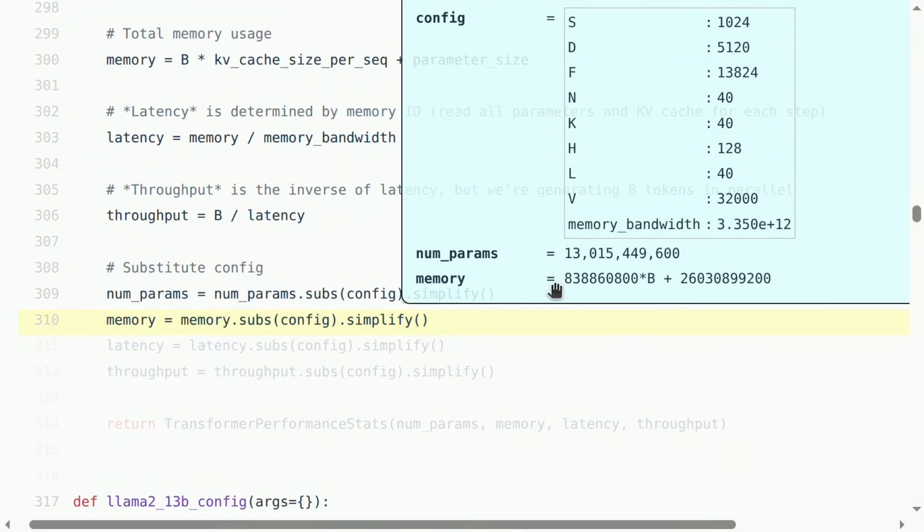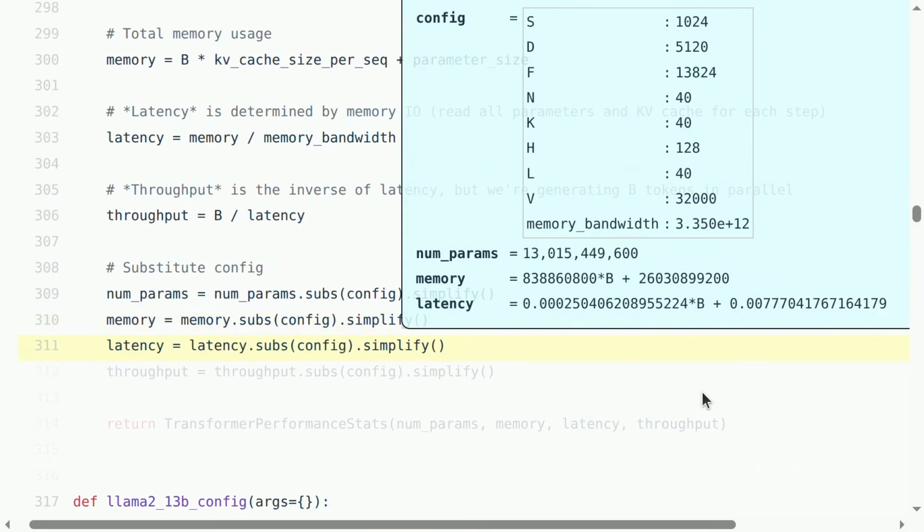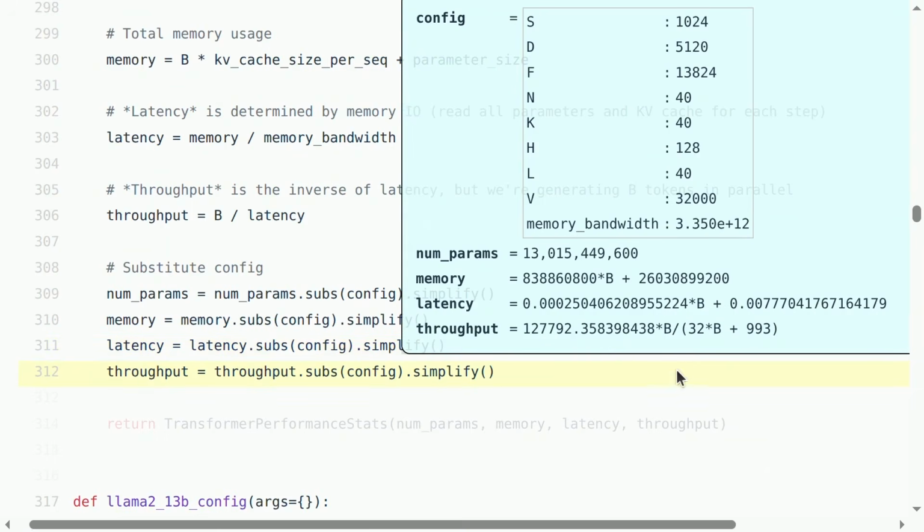So this is the KV cache, which grows as B. This is the parameters, which is double the number of params. Now latency is just this scaled by the memory bandwidth, so it has the same form as the memory. And throughput is B over that.